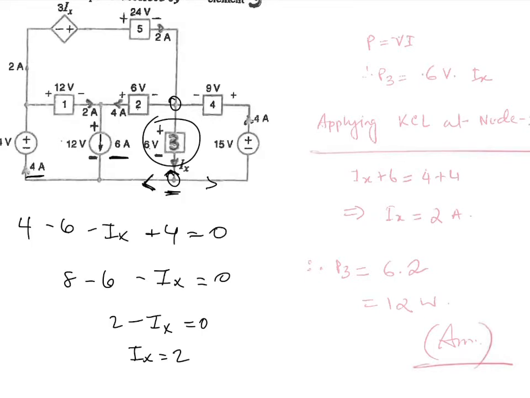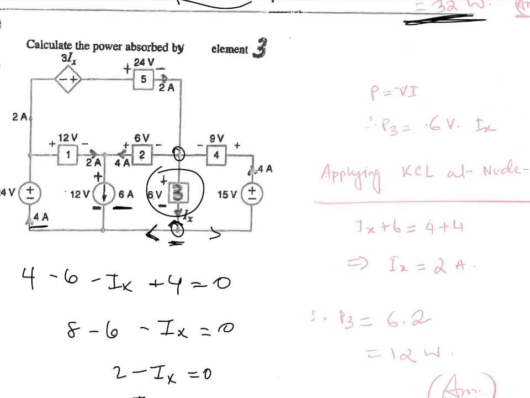So we can also show this through this node here. So looking at this branch, we have 4 amps going out of it. Here we have coming into it is minus 2. This down here is plus Ix.